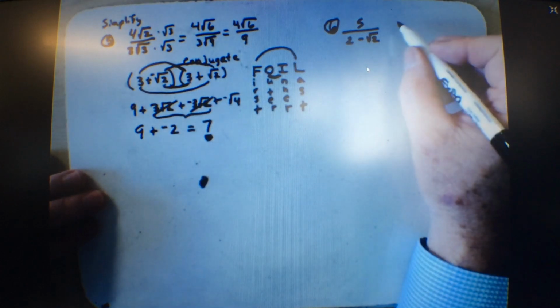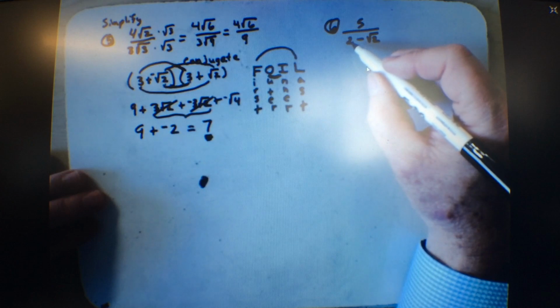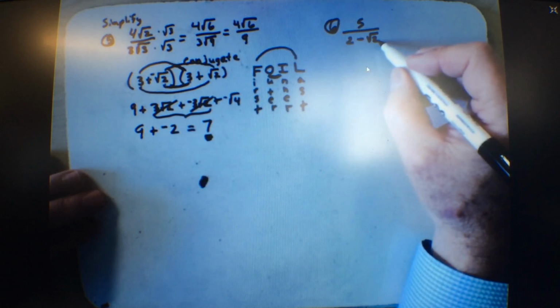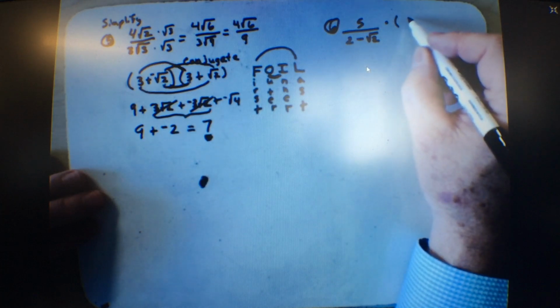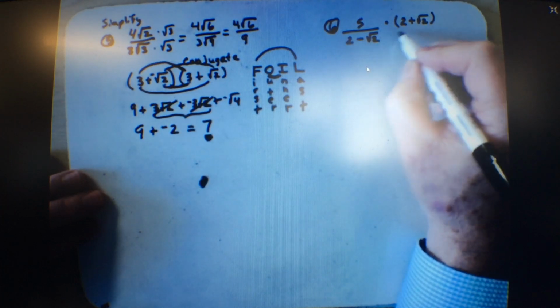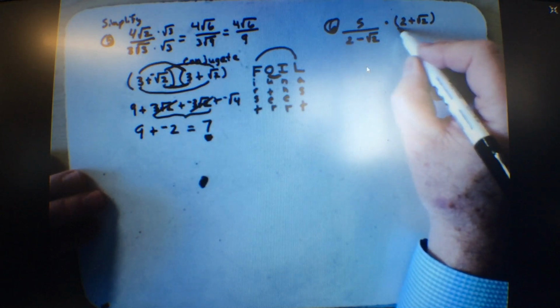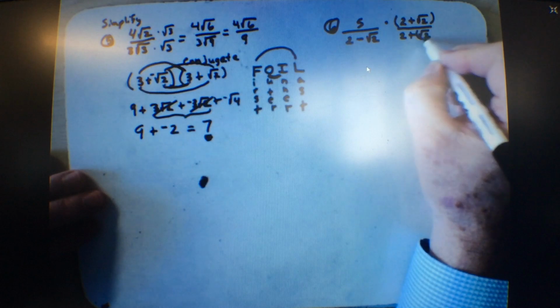So anytime you have a whole number, a rational number, add or subtract a radical, we multiply by the conjugate, which is 2 plus the square root of 2. Remember, it has the same numbers. We just changed the sign. Does everybody see that?